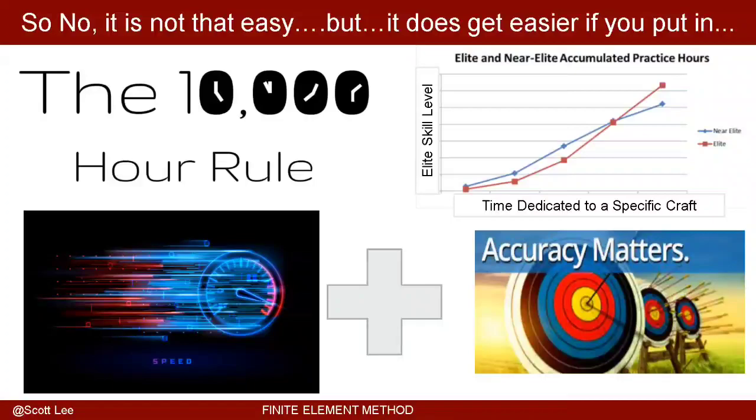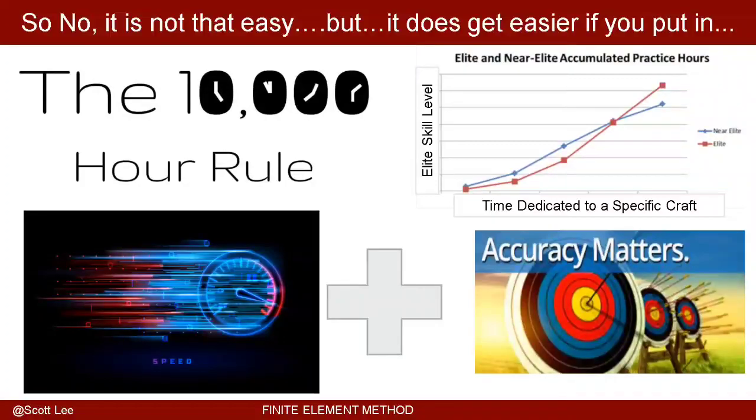And I'm going to get on the soapbox once again and state that it does get easier if you put in a lot of time, a lot of effort, and a lot of work. As most of you are familiar with, there's the 10,000 hour rule. And unfortunately, like I said, there are no shortcuts in this field.